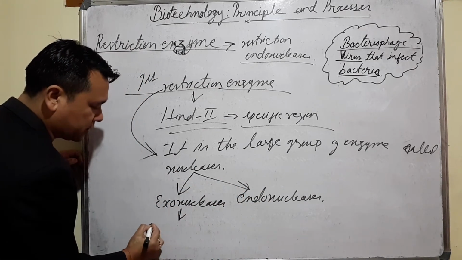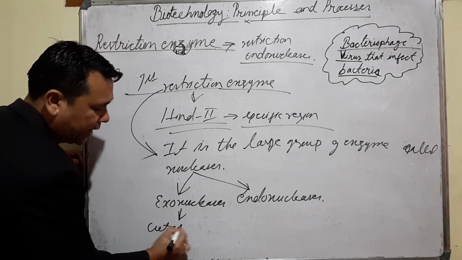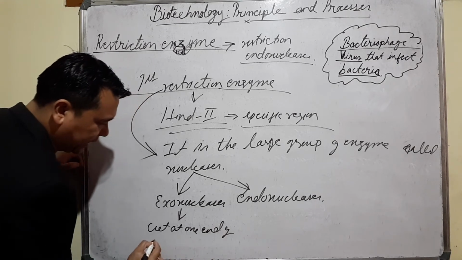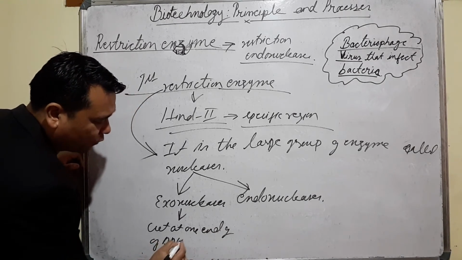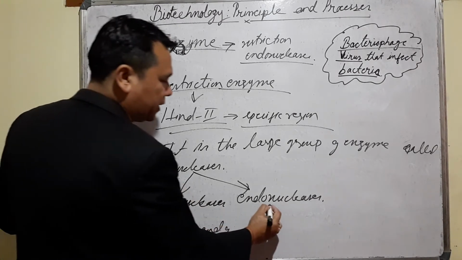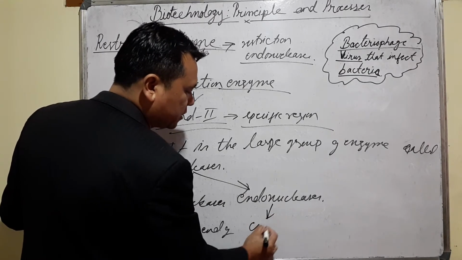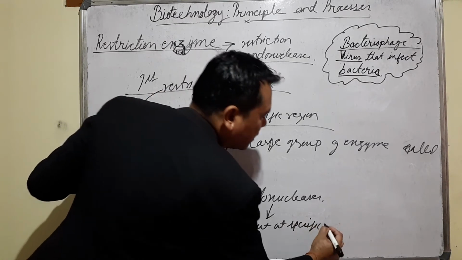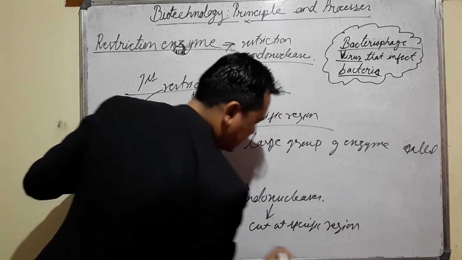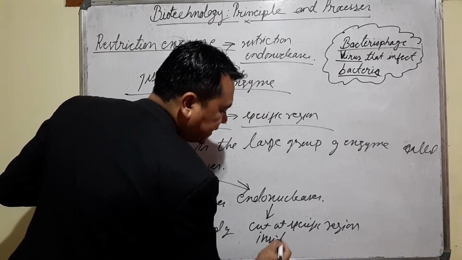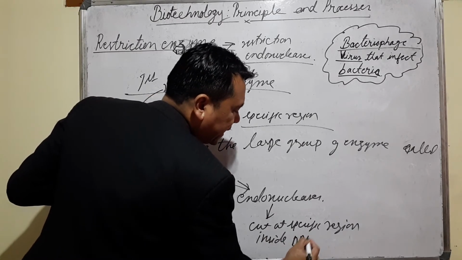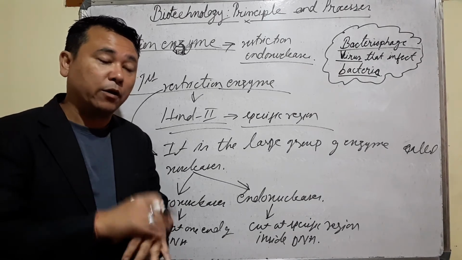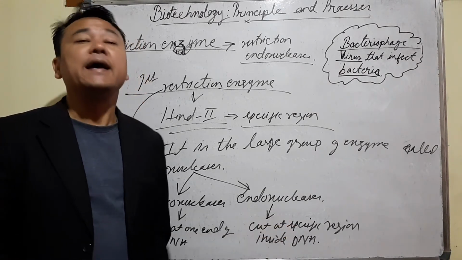Exonucleases will cut at one end of DNA, while endonucleases cut at a specific region inside the DNA. That means it cuts at a specific region inside the DNA.